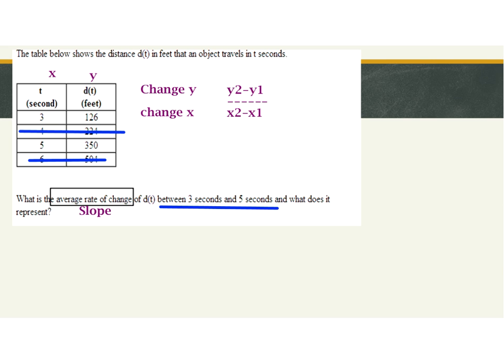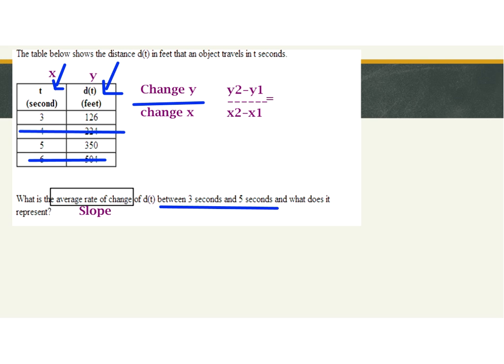And that's a really important concept that I just said here. Change in y over the change in x, because it's going to be the change in feet over the change in seconds. So distance over time.